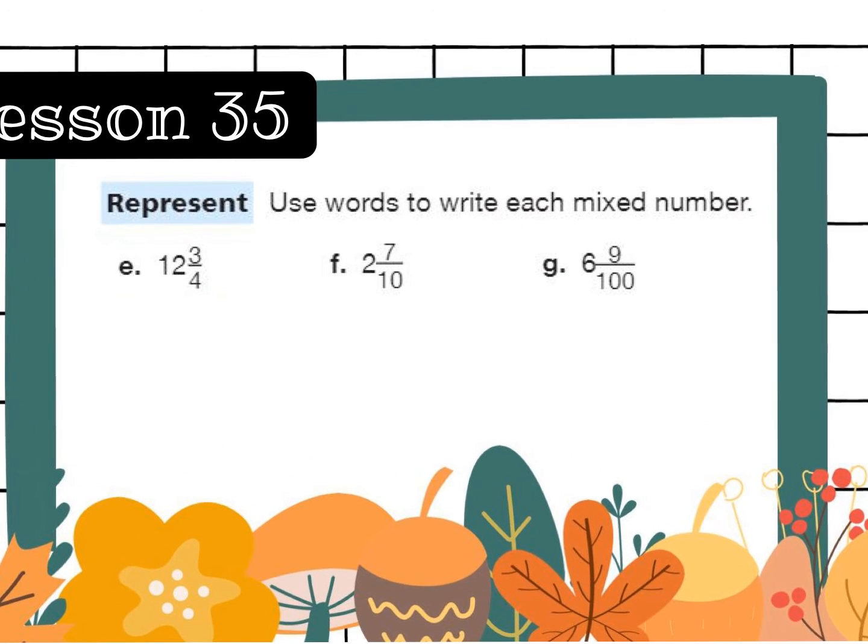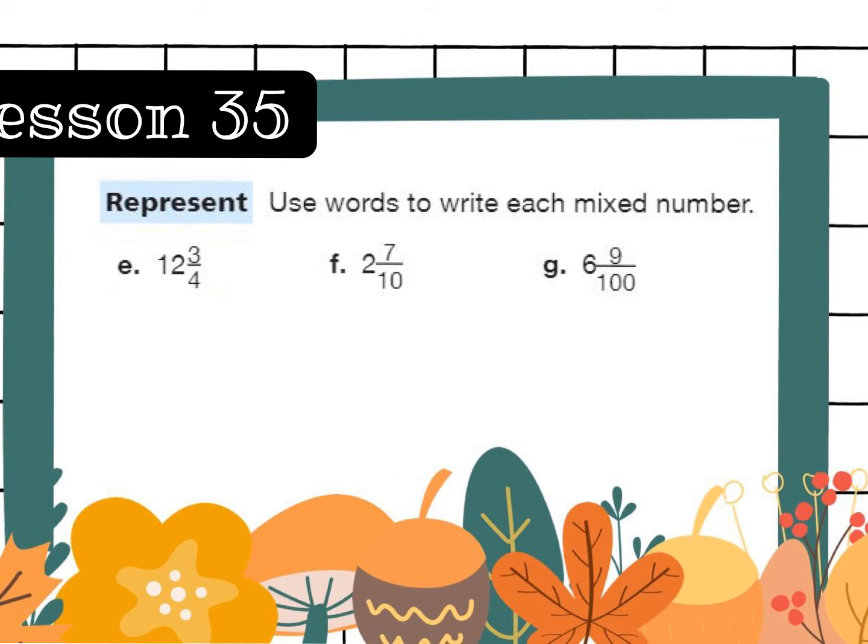Okay, use words this time to write each mixed number. Shepherd, walk me through the first one. You write down 12 and 3/4. 12 and, very good, 3/4. Okay.